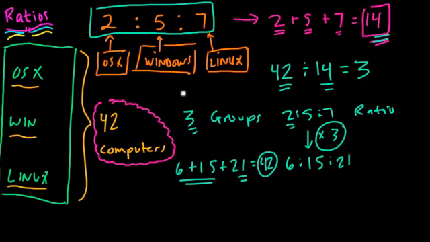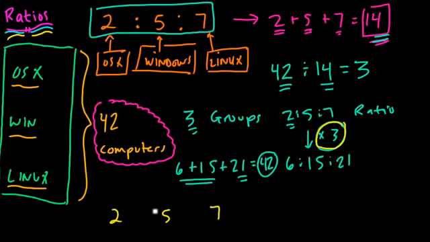But again, this is an algebra playlist, right? All about algebra. How do we connect this logic to variables and equations? Well, again, the key is the number of groups of the ratio that fit into the total. So the way I think about it is, I have 2 and 5 and 7.